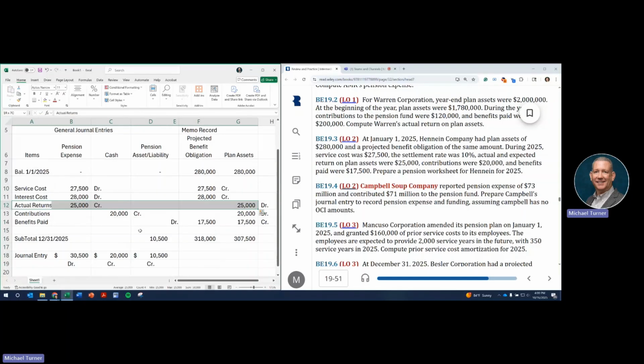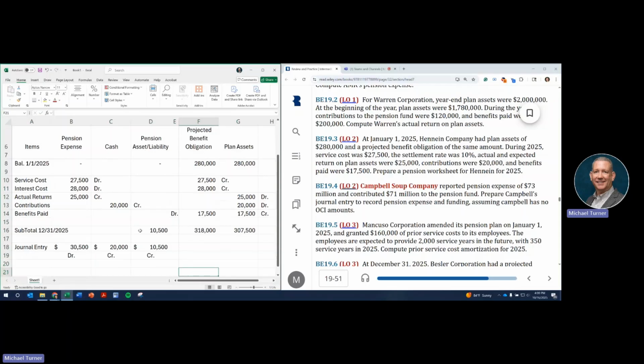But in our case, they were the same. 25,000 per the problem was the return for actual and expected. So therefore, we're good to go. Everything came off of the problem in the textbook except for the interest, which again was based on the 10% settlement rate noted in the problem against the beginning balance of the projected benefit obligation of 280.